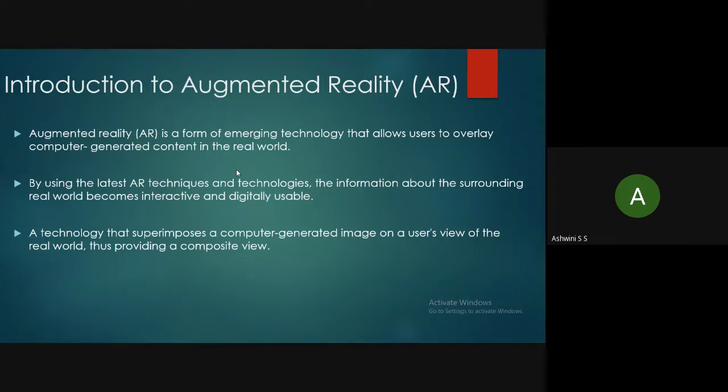So, among those emerging technologies, the new emerging technology is augmented reality. Augmented reality makes the user experience the virtual environment by using many different types of devices and also different types of techniques.